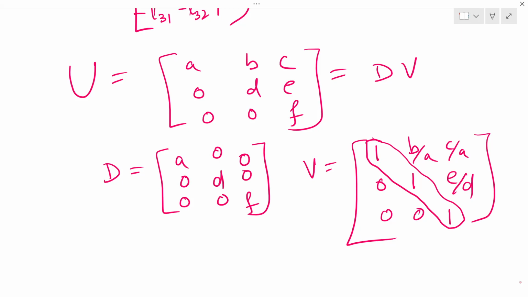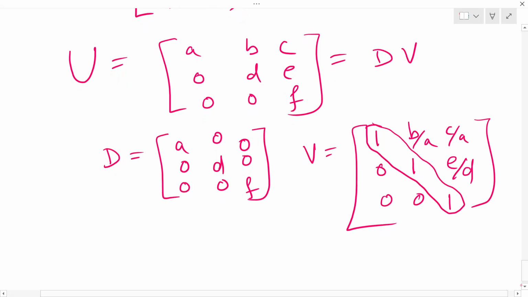And in both LU factorization and LDV factorization, L has diagonal elements 1. So these are some very important aspects from the examination point of view.